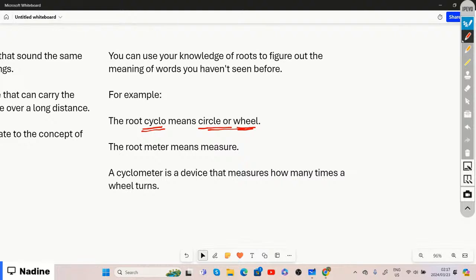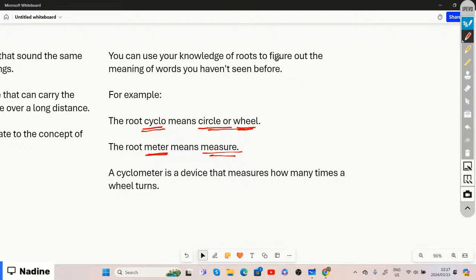So cyclo is the root word, and the meaning is either circle or wheel. Then we also have the root meter. Here we have another root word, which is meter, and meter means to measure.